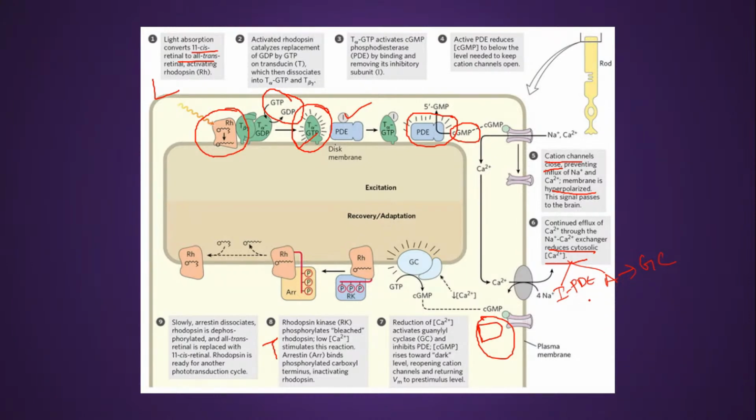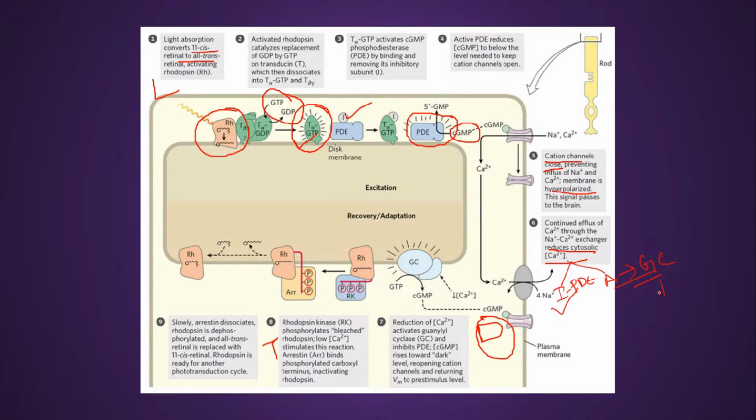Can anyone say what could be the reason behind this? When we enter into the dark condition, the cytosolic calcium levels are low. The low calcium levels will inhibit your phosphodiesterase and activate your GC. What could be the reason behind it? Can anyone say?